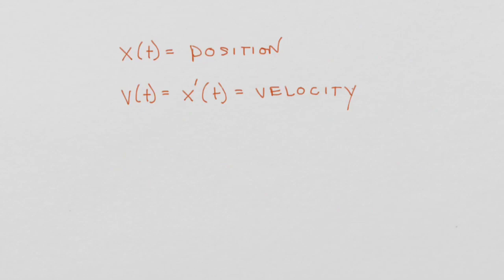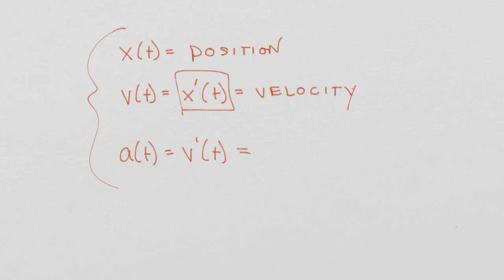I know that we're just starting to scratch the surface, but in quick summary of our notation, if x of t is the position, v of t is the velocity, which is the derivative of the position, and the acceleration is the derivative of the velocity, which means that it is the derivative of the derivative of the position, or in other words, the double derivative of the position.